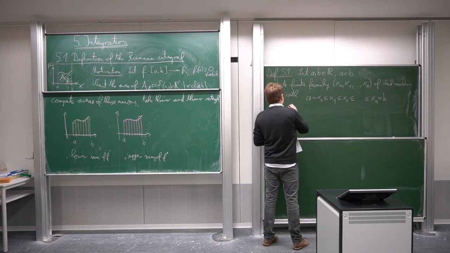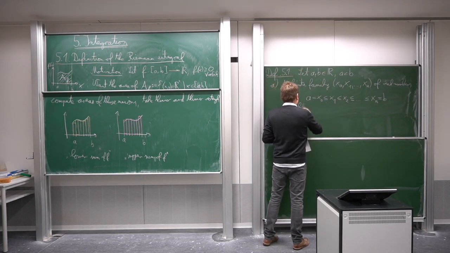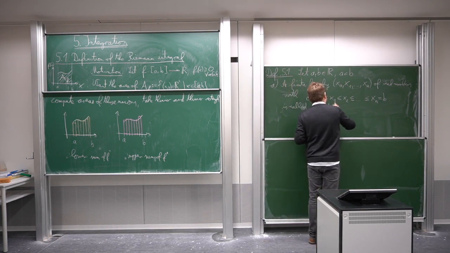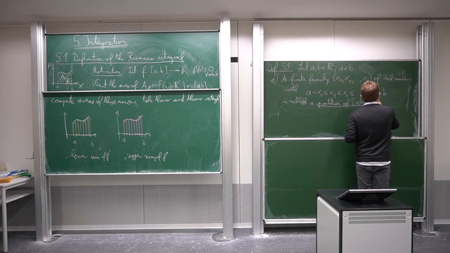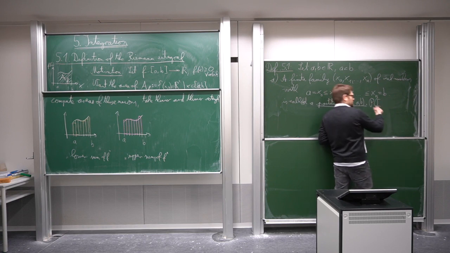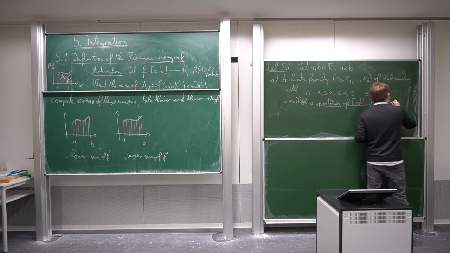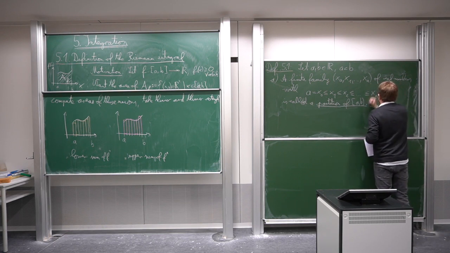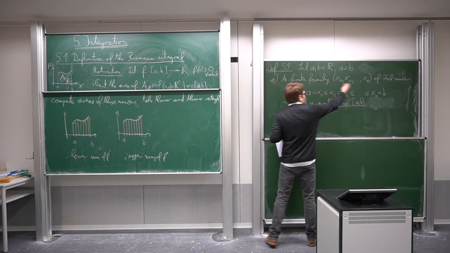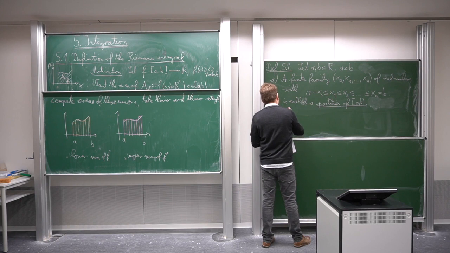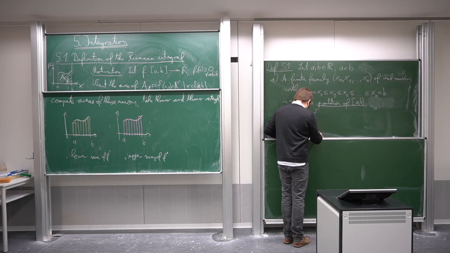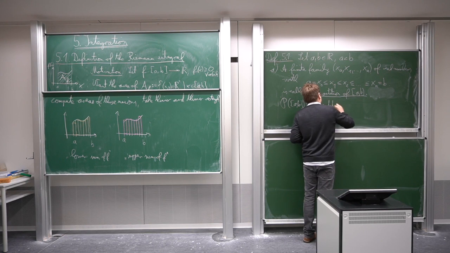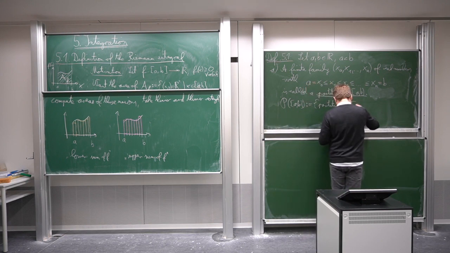So such a finite family is called a partition of AB, and we introduce some notation, this curly P of AB, which is defined as the set of all partitions of AB, with n arbitrary, so that's just some number of points in between.